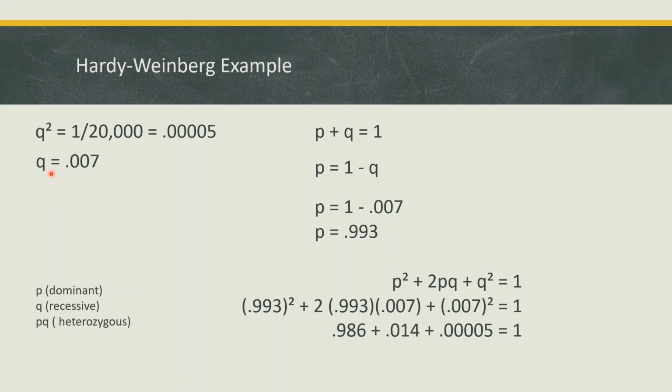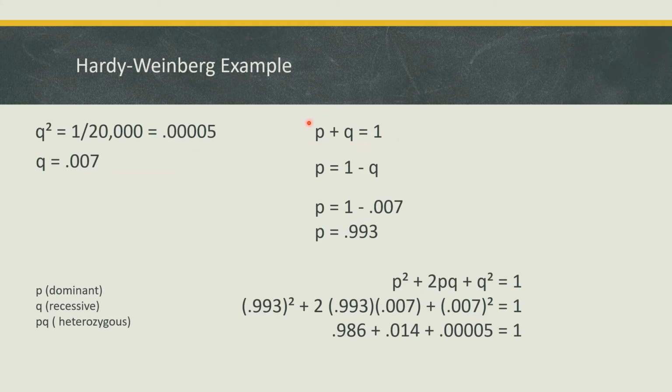This means the frequency of the recessive albinism allele, so just the letter A, is 0.007, or about 1 in 140 people. Now that we know the value for one of the two variables, Q, in the Hardy-Weinberg equation, it's easy for us to solve for the other one, P. As a reminder, we have our first Hardy-Weinberg equation, P plus Q equals 1.